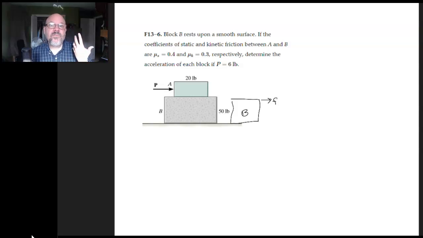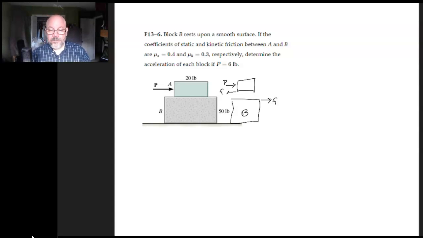From block A's perspective, it's got P, of course, but it feels that drag, so to speak. It feels that force back from B, trying to slow it down. So the blocks experience different things.